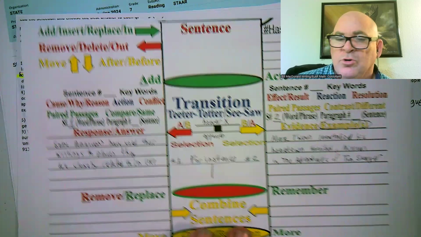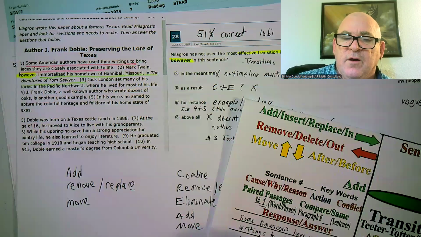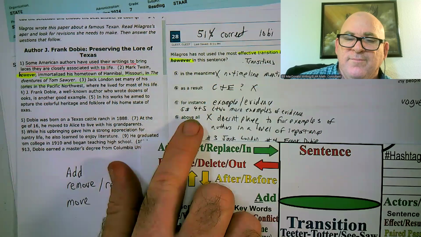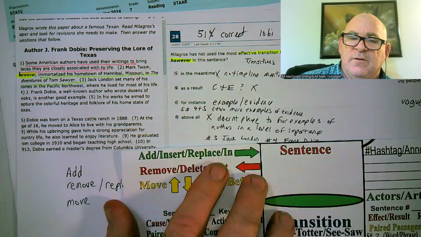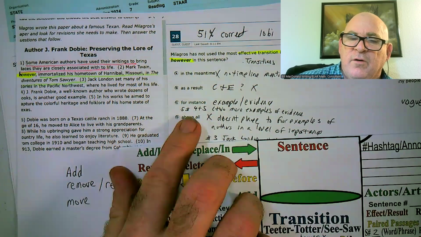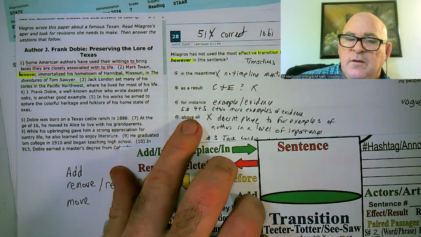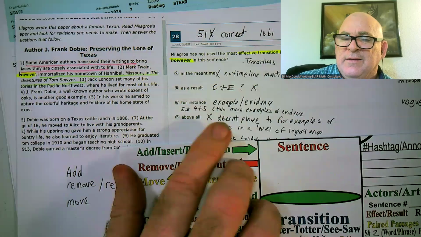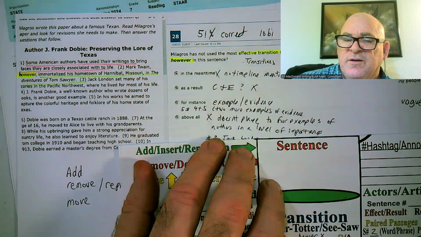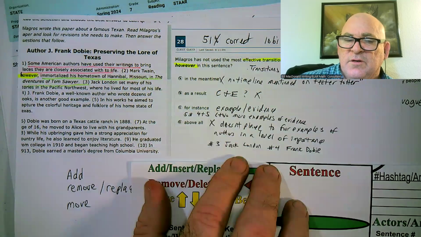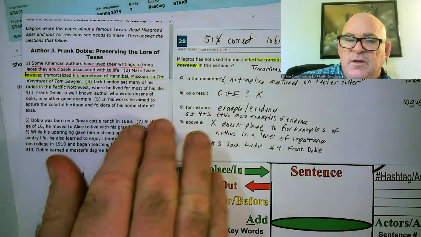So that's the best one so far. Above all, well, on the 4 examples that I see here, above all means more importantly, most importantly. It doesn't place the 4 examples of authors on any level of importance. They all seem to be equals.